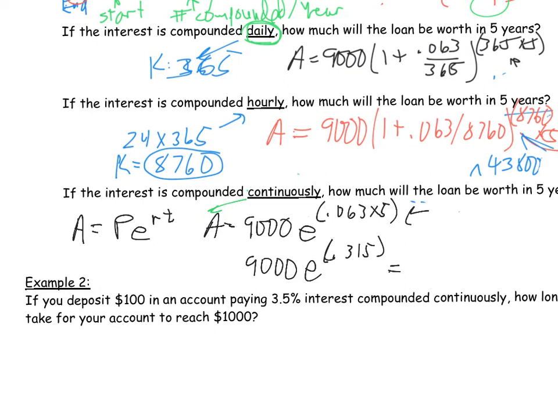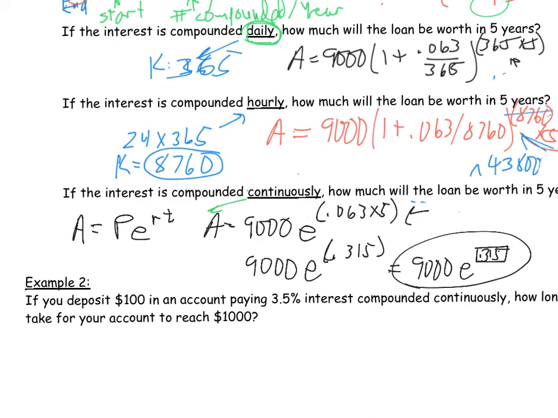Okay, so plug that into your calculator. You should be able to use the e to the x button, so it's going to be 9,000 e. You don't have to do the caret key on this one. It should be just using your calculator, and that'll put that 0.315 in the box for you, and just hit enter. So try that one. I'll take an answer from anybody. Yes, that is absolutely correct.